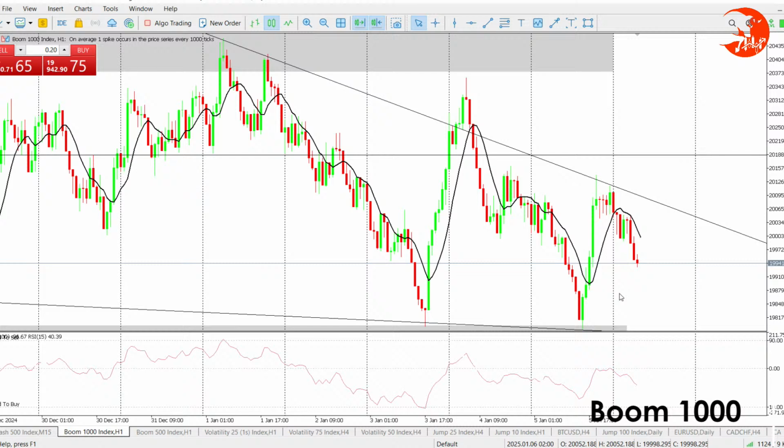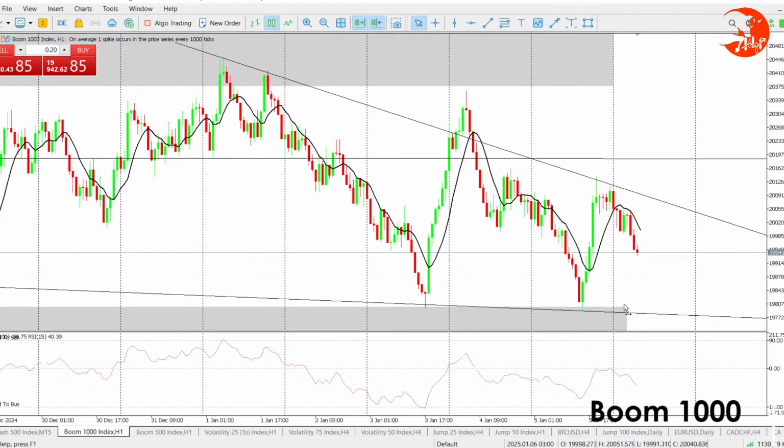So according to H1, of course, we know we have a support level there. This one here, that's a level there that we may aim at. But looking at CCI, we're supposed to be entering a buy to reach overbought according to CCI.